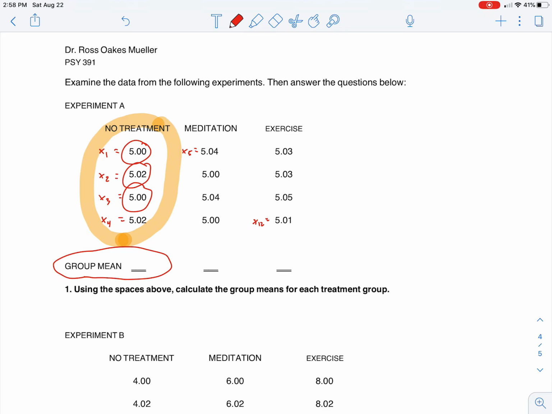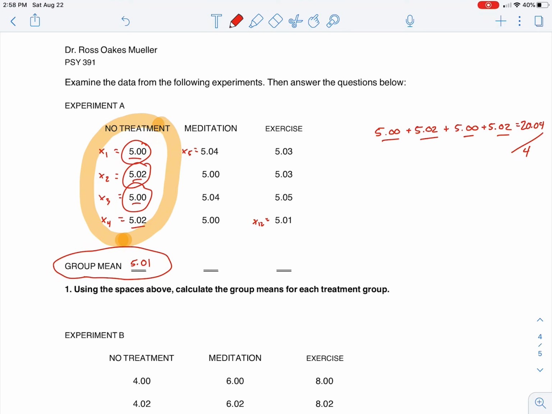So to do this, I'm going to go 5.0 plus 5.02 plus 5.0 plus 5.02 equals 20.04, divided by 4, because there's 1, 2, 3, 4 pieces of data. So the average or the group mean for this group is 5.01. So 20.04 divided by 4 gives me 5.01.